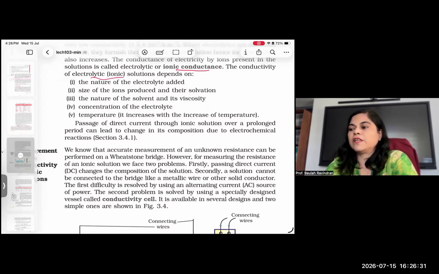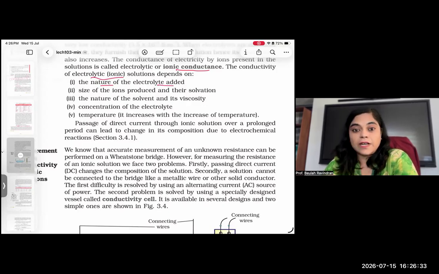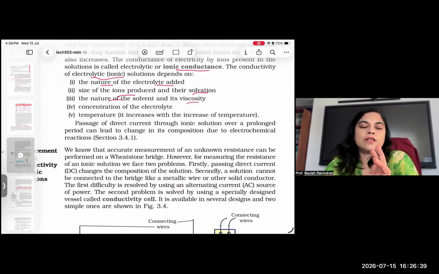It depends on the nature of the electrolyte added, size of the ions produced, and their solvation, the nature of the solvent and its viscosity. In a salt solution, salt is the solute and water is the solvent, so the nature of the solvent is also involved, and its viscosity, the concentration of the electrolyte, and then temperature. See, listen to this.